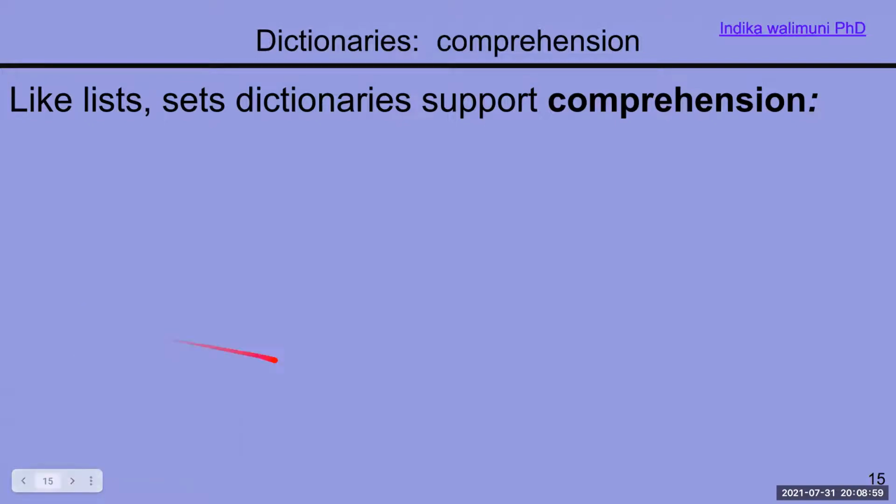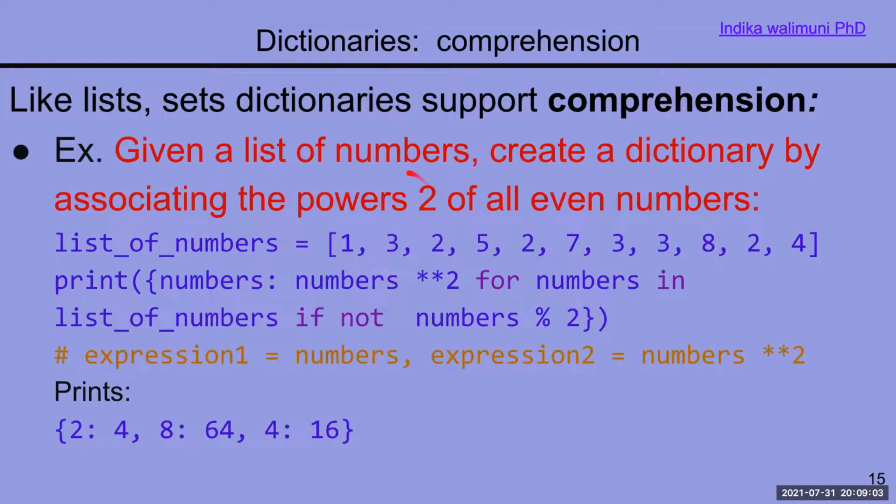All right, so practice. Here's the question. Given a list of numbers, create a dictionary by associating the powers of 2 of all even numbers. And this has some practical application, right? Imagine you need powers of numbers of a huge list.